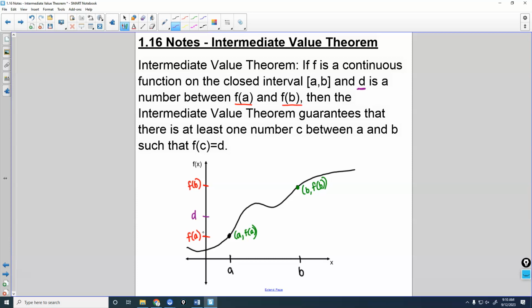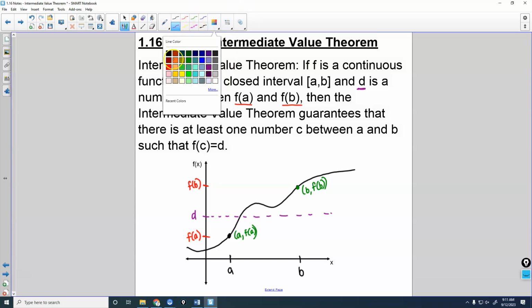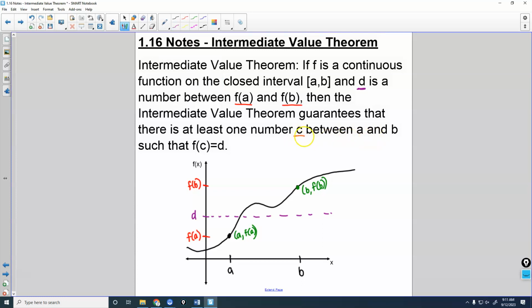Okay. What the intermediate value theorem is telling us here is that it guarantees that there is at least one number, c. Oh gosh, another letter. I'm running out of colors for these letters. All right, let's do c. Where is c at?